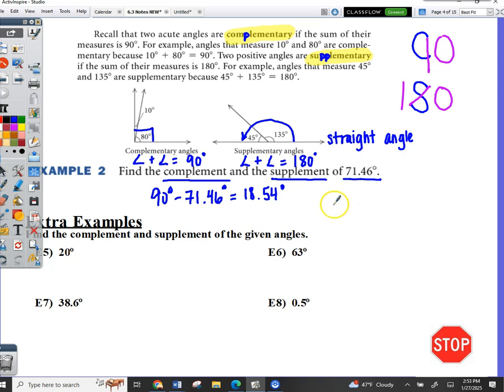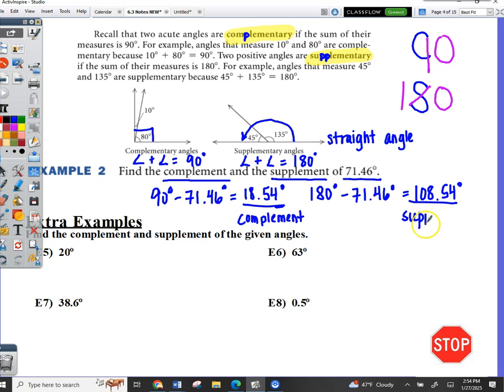Supplement would mean what's the gap of the angle to reach 180. So 180 minus 71.46. So that would be 108.54 degrees. So this is the complement, and then this is the supplement. This is the angle needed to get it to those specific 180 or 90 values.